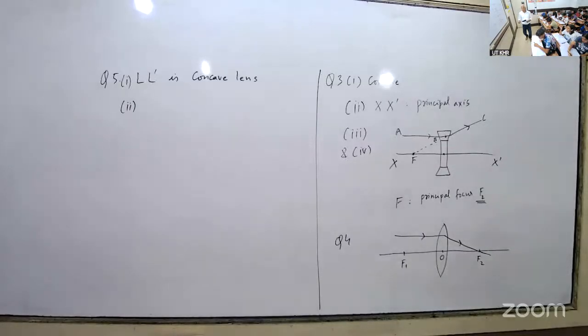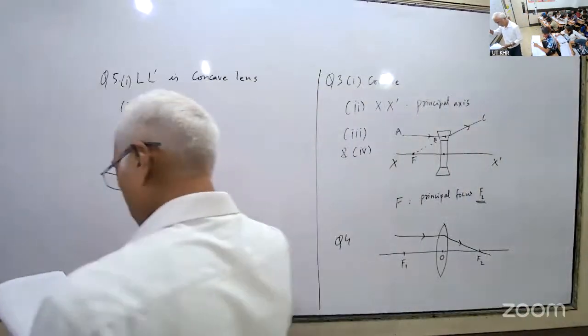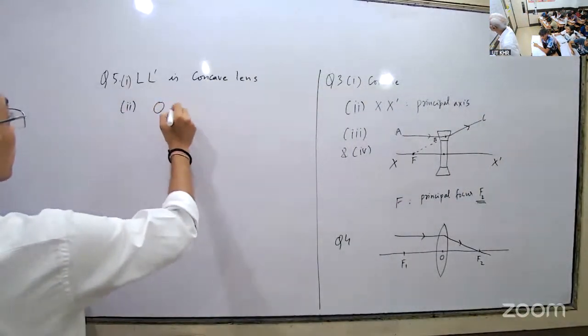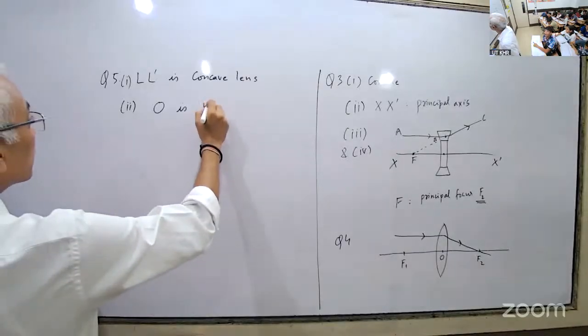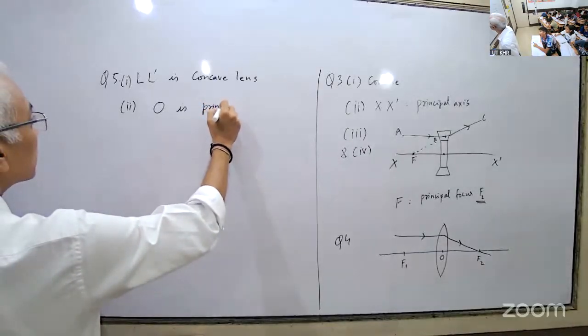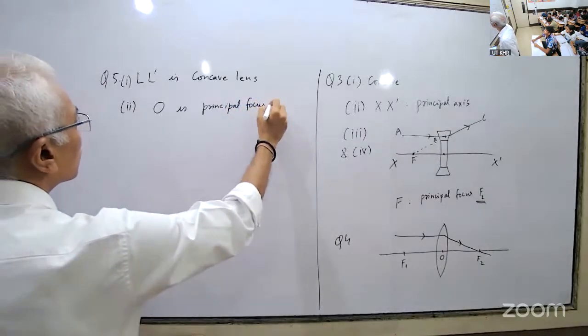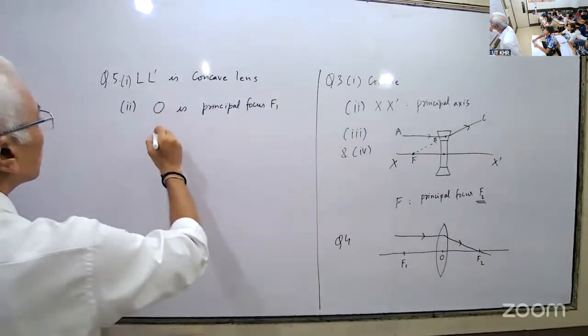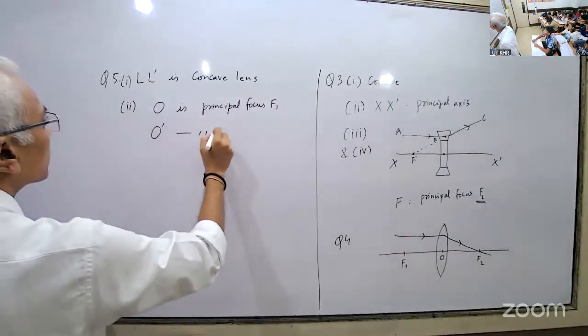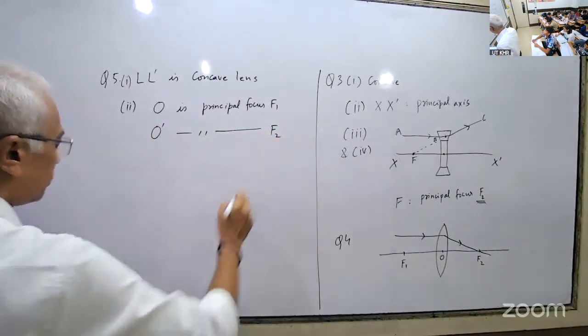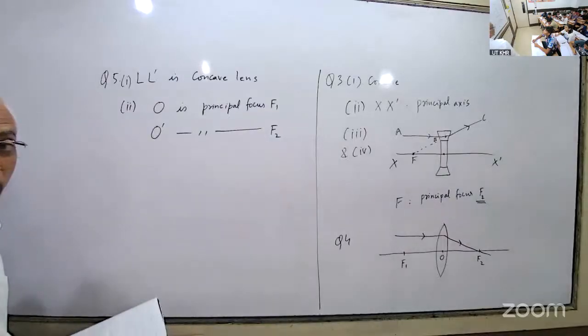Okay. So O is principal focus 1. O dash is F2. Have I written it correct?